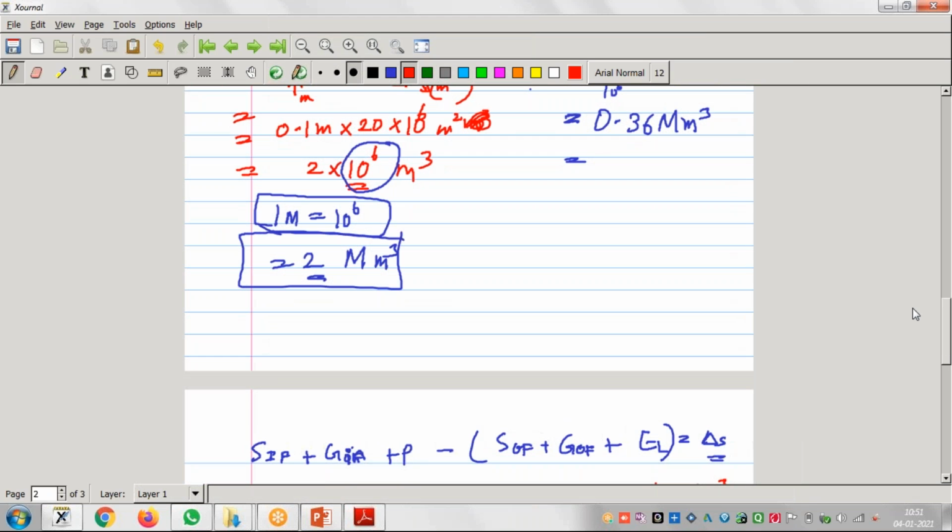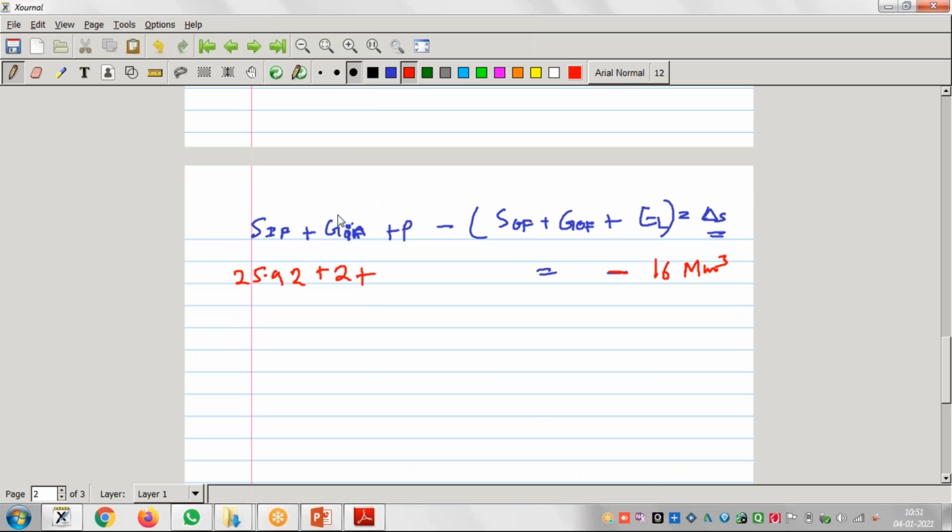So here I can say that surface inflow minus surface outflow, outflow is how much? First we got this 38.88 million meter cube plus 0.36, that is our ground outflow, plus evaporation loss EL is equal to minus change in storage, right?